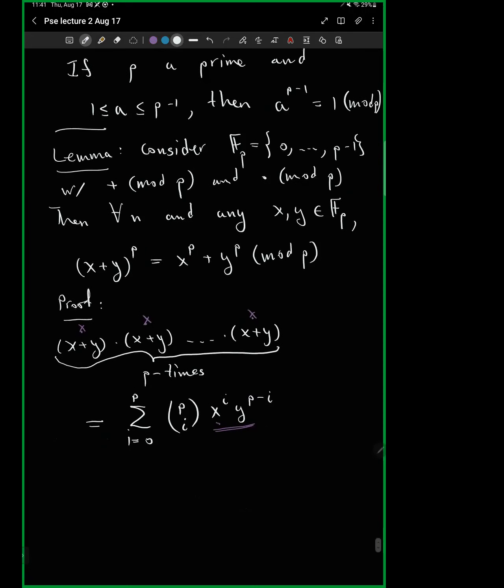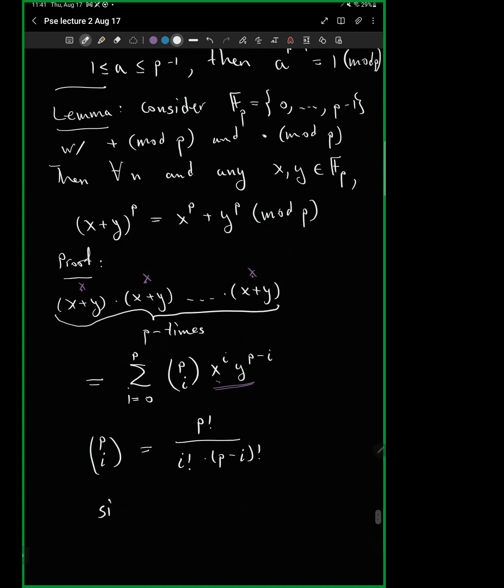Now, this p choose i is p factorial over i factorial times p minus i factorial. Since p is prime, p does not divide i factorial, because i factorial is a multiplication of numbers which are all smaller than p.